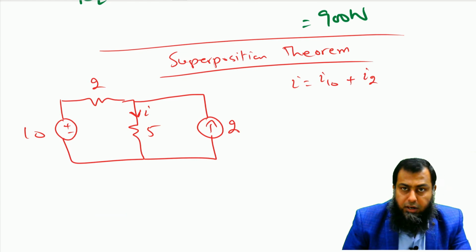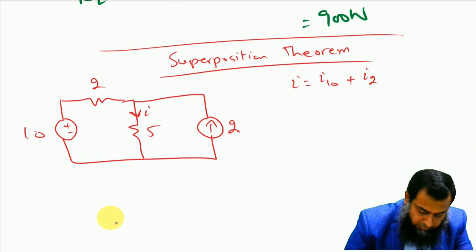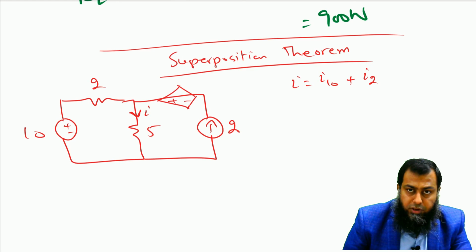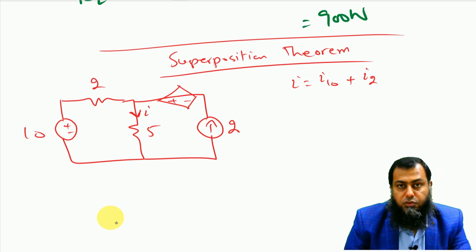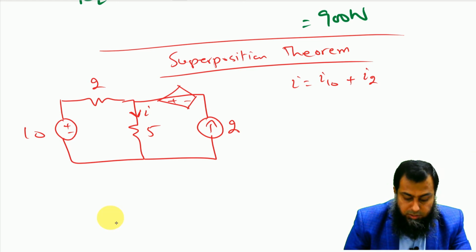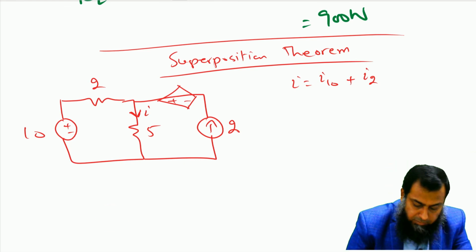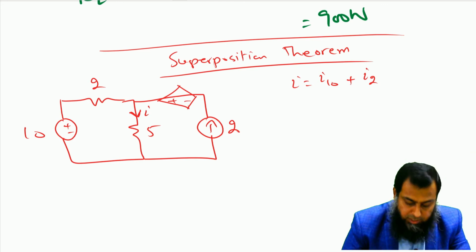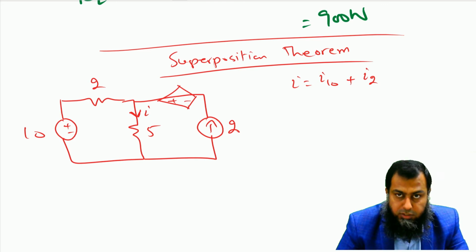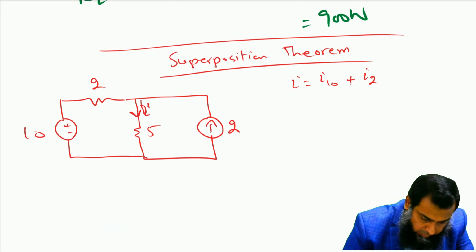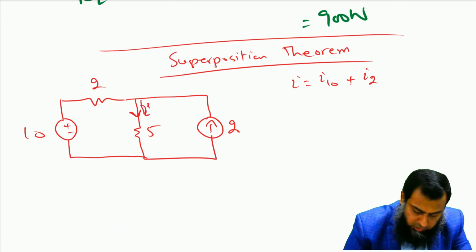If we have a third element here, for example a dependent voltage source, then we will not deactivate this particular voltage source, because this is actually a dependent source. However, there are certain proofs available in the literature that state that we can do the same sort of techniques on the superposition theorem as well. So we will deactivate one source at a time.